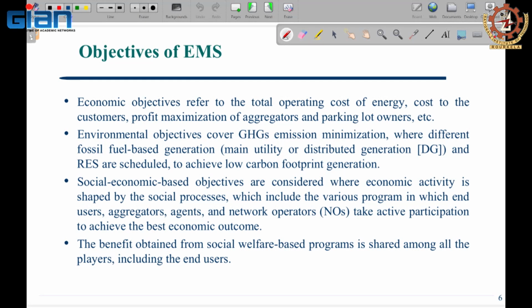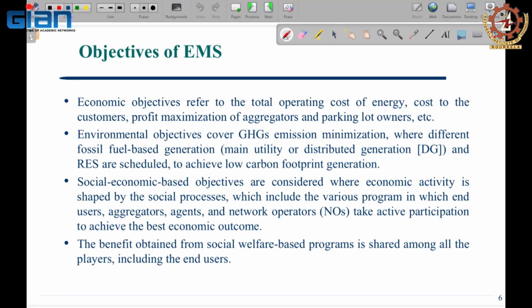Economic objectives refer to the economic aspect, as we know: reducing the total operating cost of the energy, cost to the customers, profit maximization, etc. So all these aspects relate to cost minimization and profit maximization.